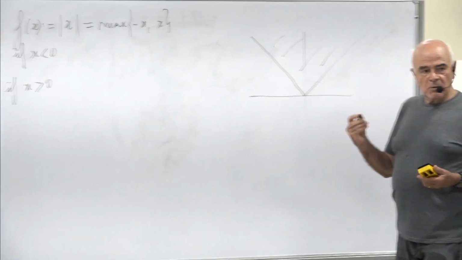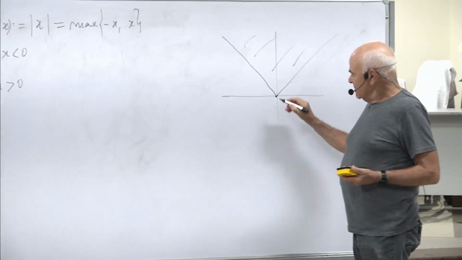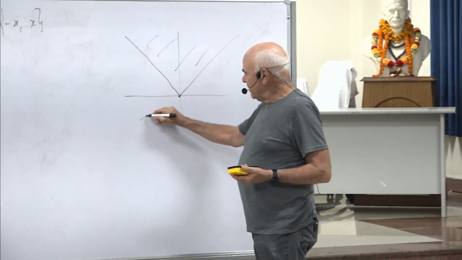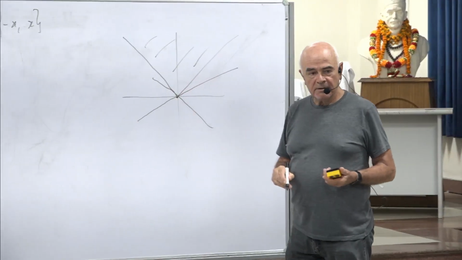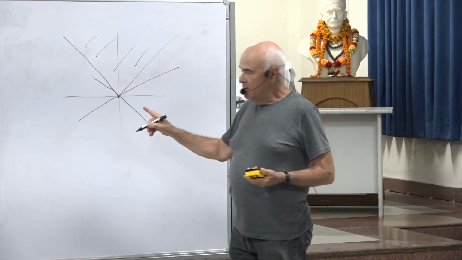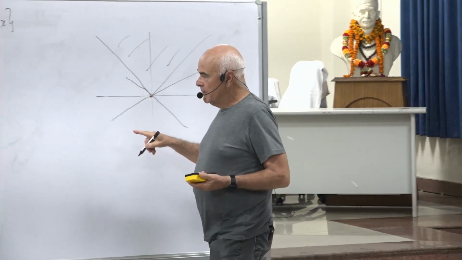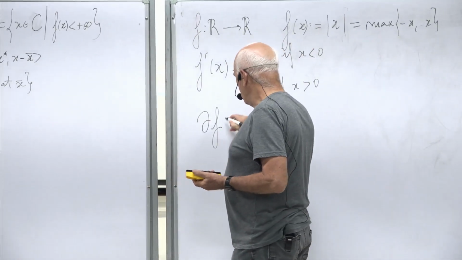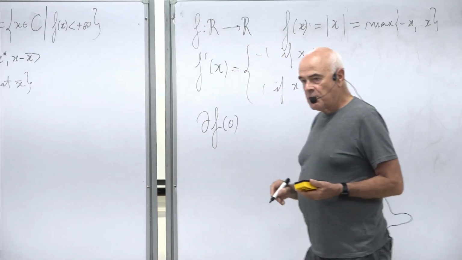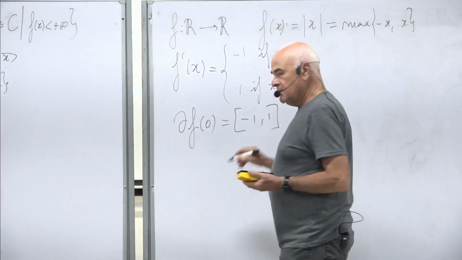But now let's look at it from the point of view of subgradients. Are there straight lines through this point which are below the graph of the function? Yes, in fact, there are many. All the straight lines through this point with a slope between -1 and 1. This means the subdifferential of f, the absolute value function, at the origin is the interval [-1, 1].